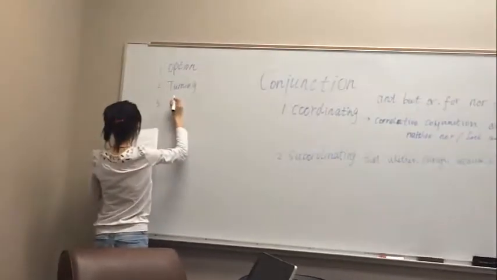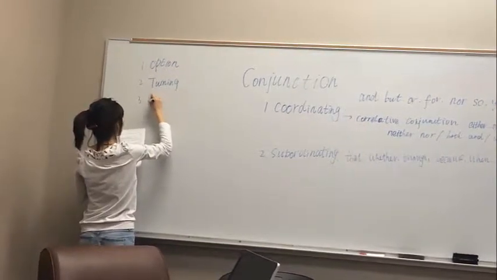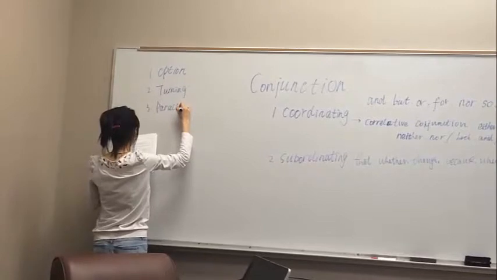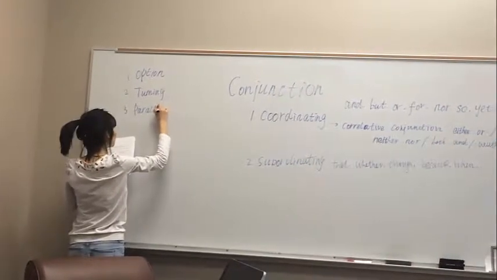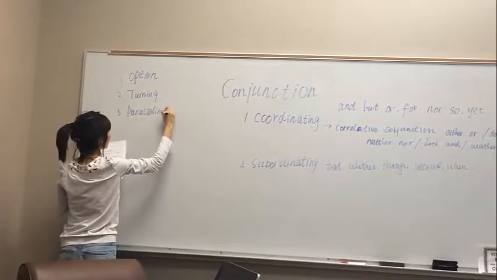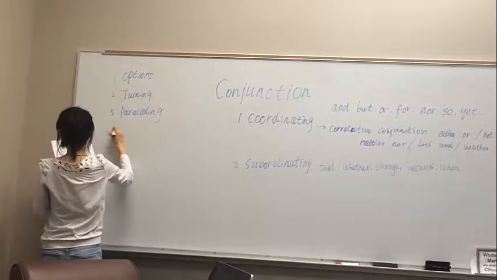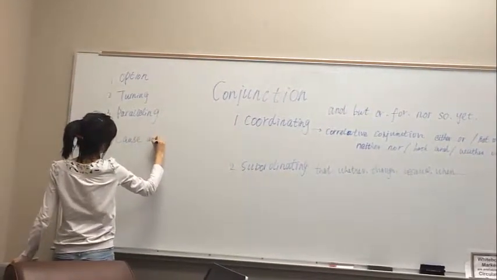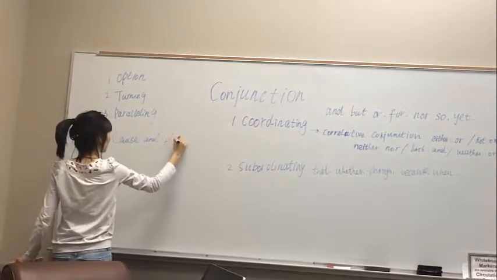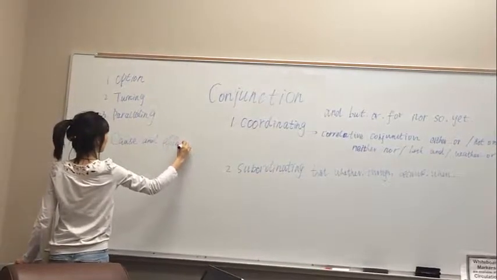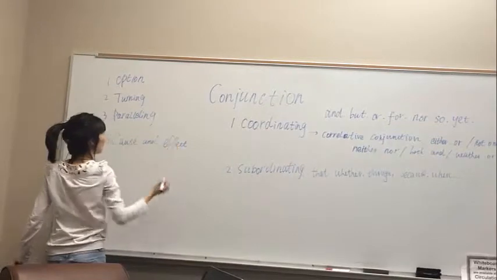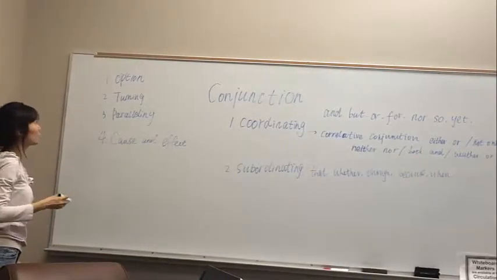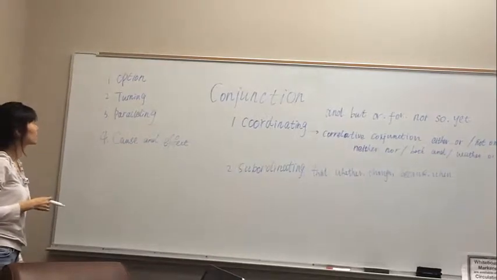Third is paralleling. And the last one is cause and effect. Now I will explain each of their different usages.